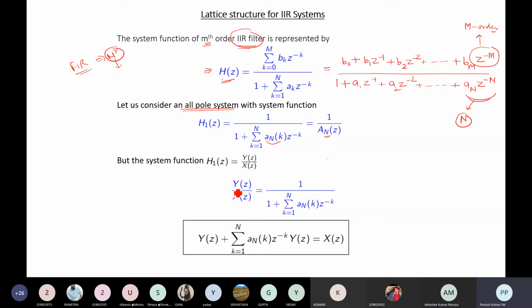This is a transfer function, so it will be output divided by input, Y of z divided by X of z equals this function, and we cross multiply. After cross multiplying, it will be Y of z plus summation of this function into Y of z equals X of z.